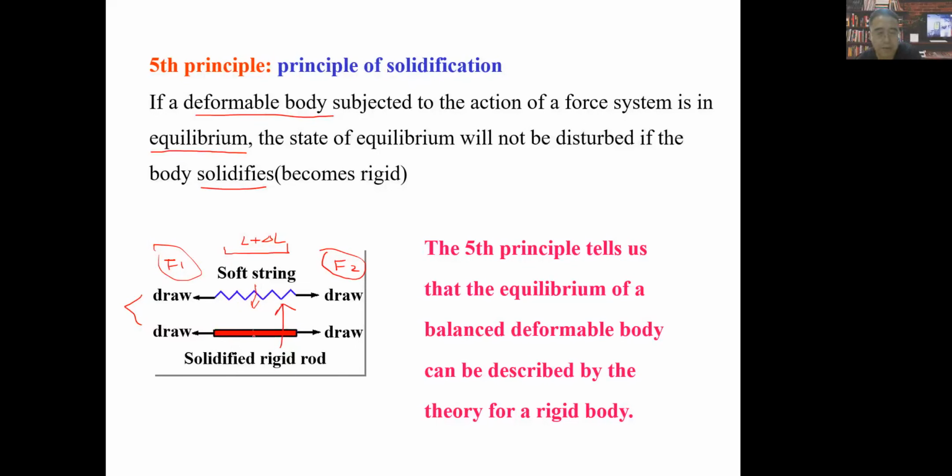So I will illustrate it this way. Listen to me carefully. We have a rigid body, and we also have F1 and F2, and let this body be in the state of equilibrium. Then F1 and F2 are in opposite directions, with the same magnitude and collinear, right?